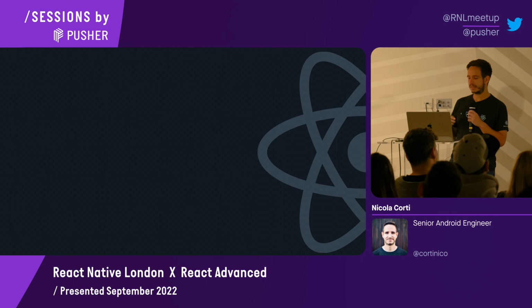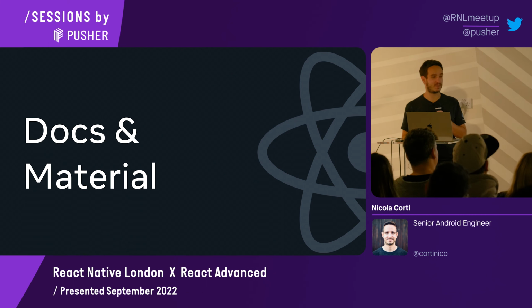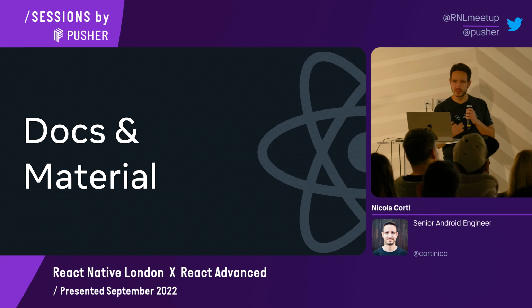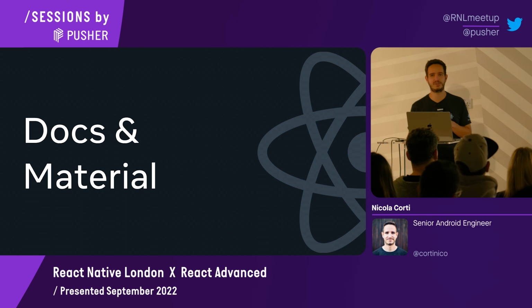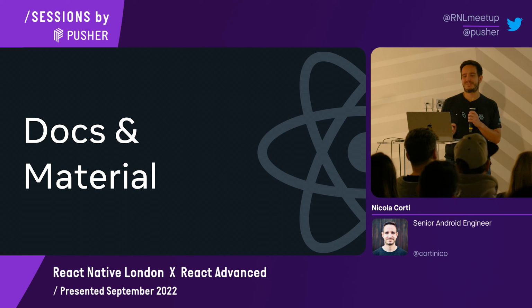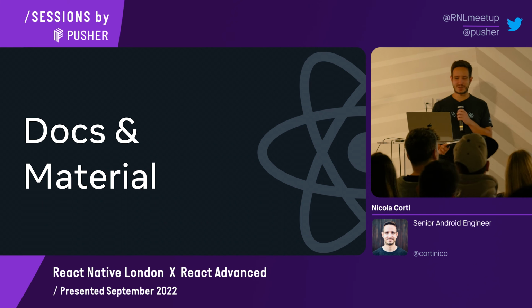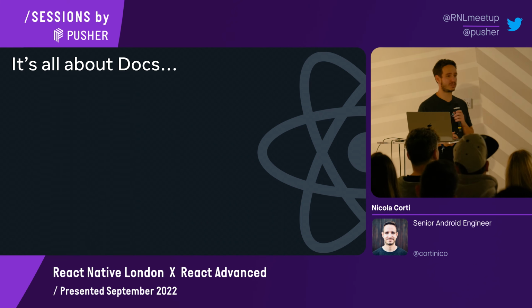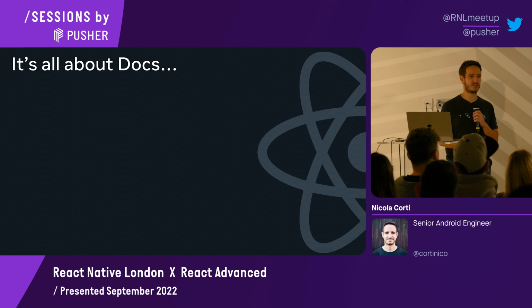And now, let me spend a couple of minutes on docs and material, because I talked a lot about changes and when they're coming, but effectively, if you want to try the new architecture today, what do you need to do? We are also investing quite a lot of time on docs, because the new architecture was actually in main since, I think, React Native 64 or 65.